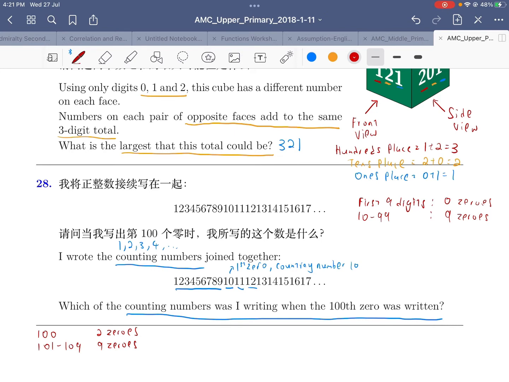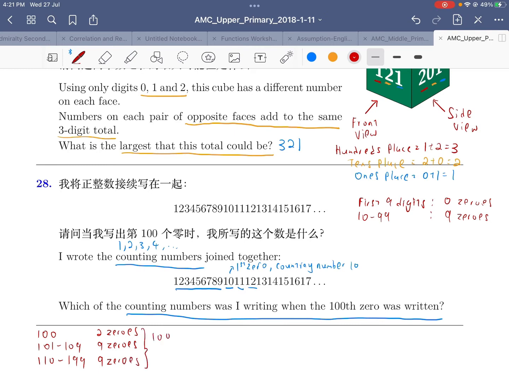Now let's move on. In this case, we have 110 all the way to 199. So we have 110, 120, 130, 140, all the way to 190. They are going to give us 9 zeros as well. So what do we see over here?